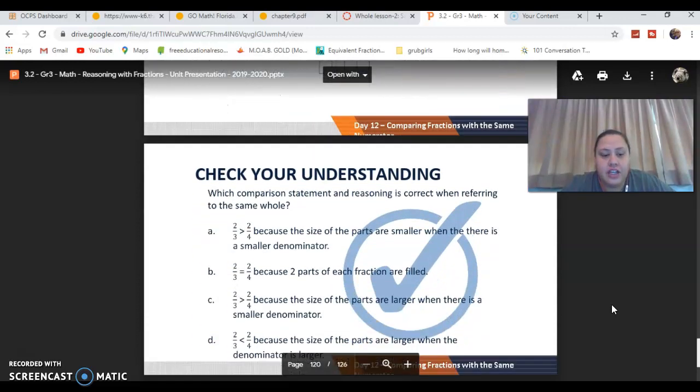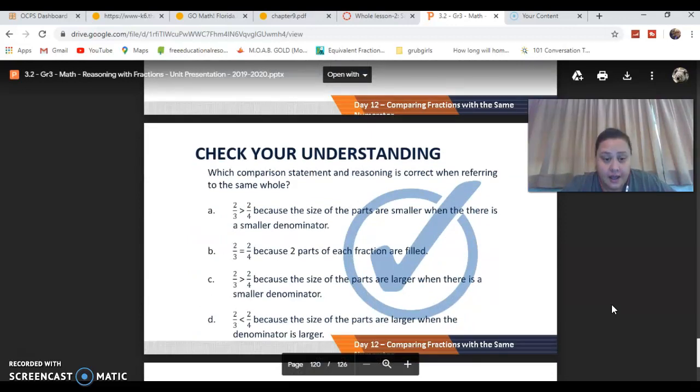All right, so let's check for understanding today. Which comparison statement and reasoning is correct when referring to the same whole? So we want to look through each one and say, is this true? A: 2/3 is greater than 2/4? B: 2/3 is equal to 2/4? C: 2/3 is greater than 2/4?